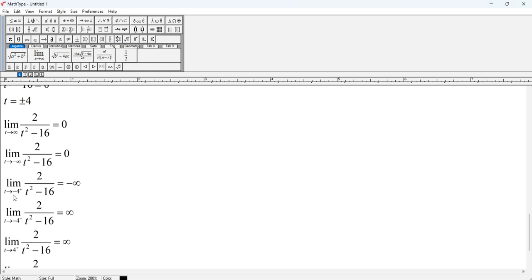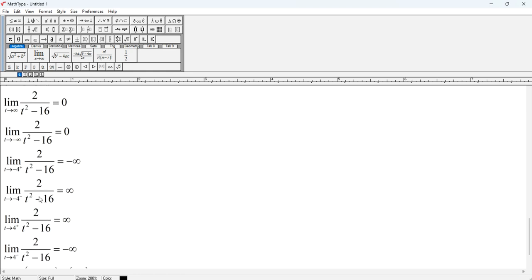When t approaches minus 4 from the right, t gets larger, so the square gets smaller than 16, and the denominator is negative, so the result is minus infinity.